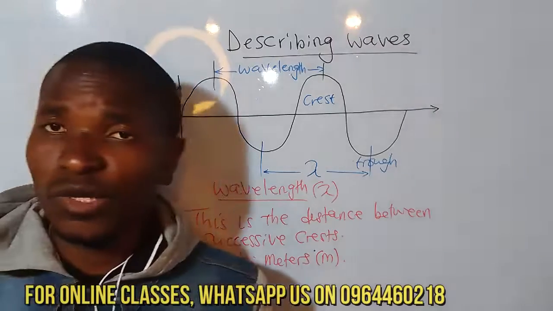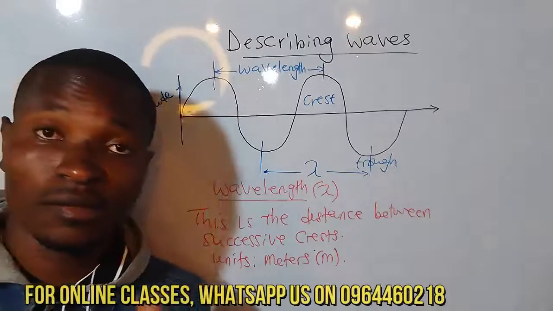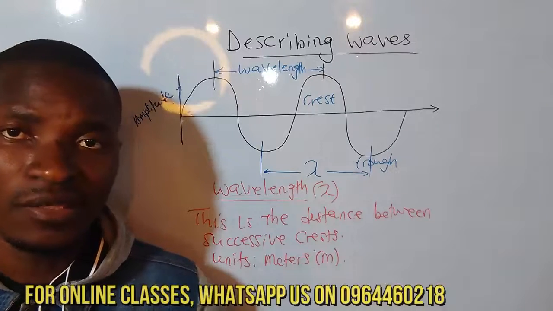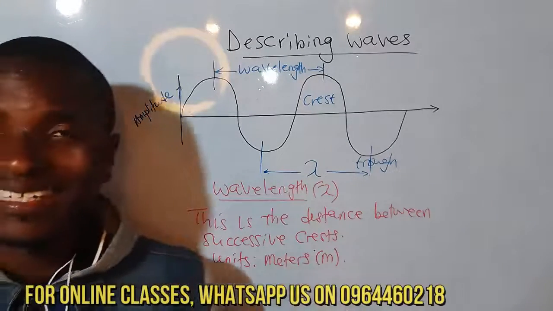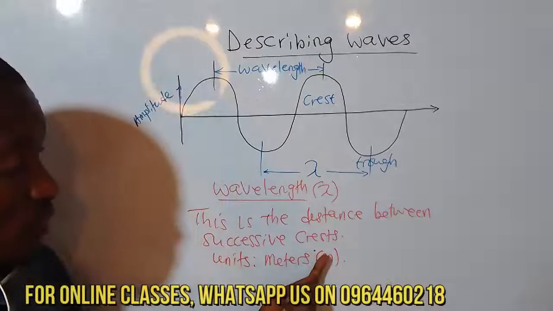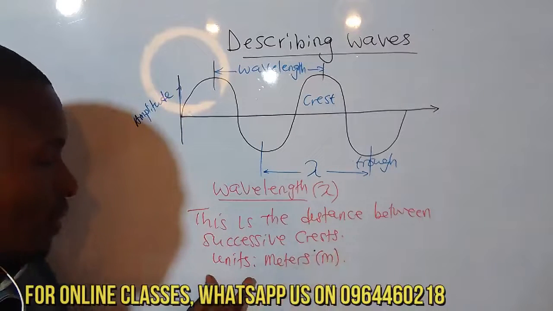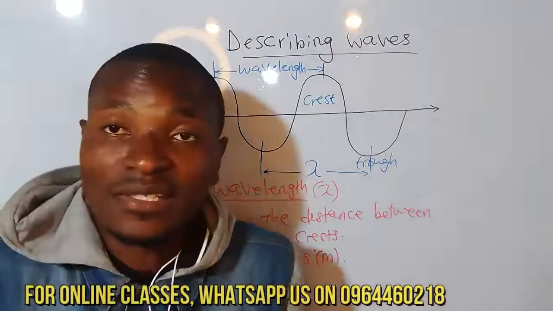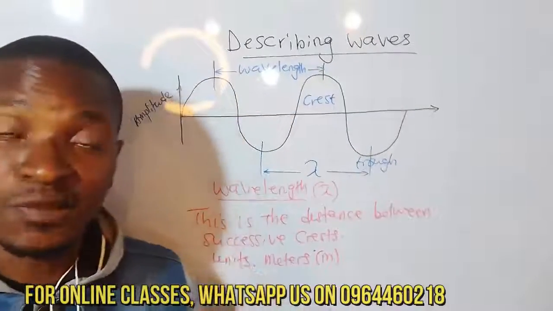When you're looking at the definition of a wavelength, you're looking at the distance between two successive crests, and the unit is meters, because distance is measured in meters.